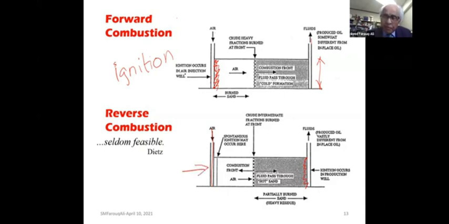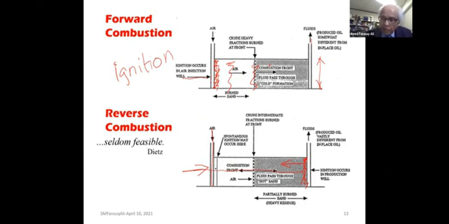So now what happens is that the injected air will propagate this front like this, and it will displace the fluids. In the second case, the air is going through the entire reservoir and arriving at this ignition point and supplying it with oxygen, and then the combustion front will move opposite to the airflow. So what will happen now is this.